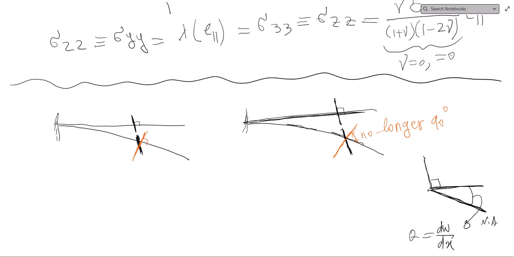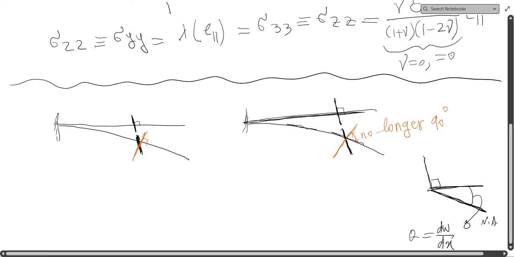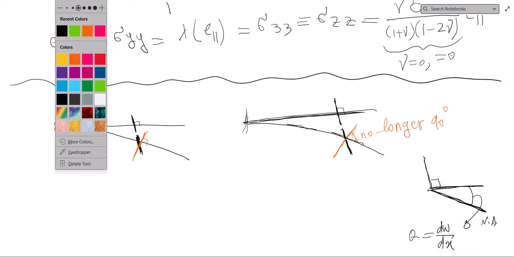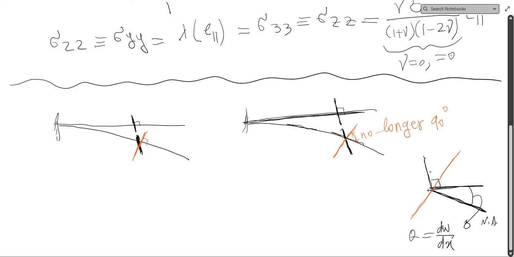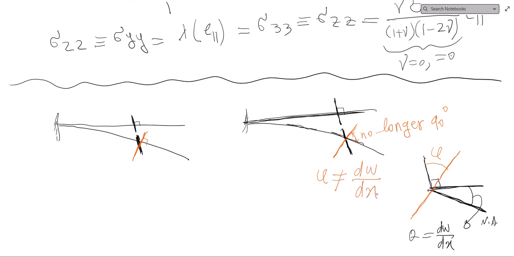We don't have the constraint that this plane rotates with the same angle. It will have the degree of freedom of rotating with an angle not equal to dw dx. In other words, in Timoshenko beam, phi is not equal to dw dx, at least in absolute value.